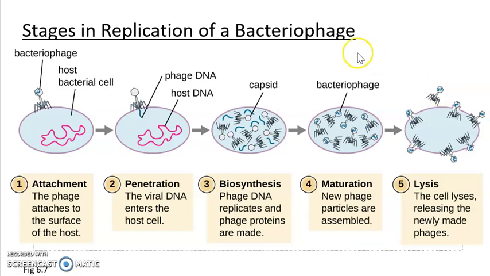And once you've assembled all of those pieces together, now you've got your infectious virion particle, but it does still have to be able to exit the cell. And in this case, the viruses are actually lysing the cell, and that's going to release those new phages that have been made so that they can go on to infect other cells that are out there.